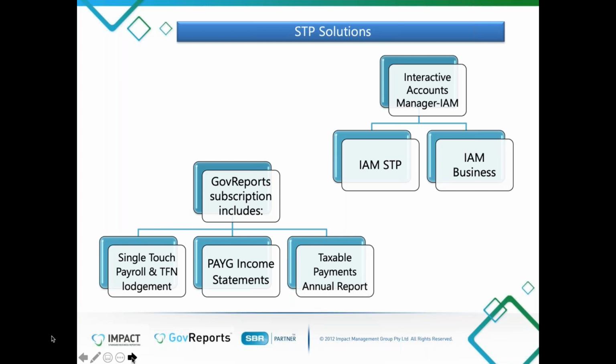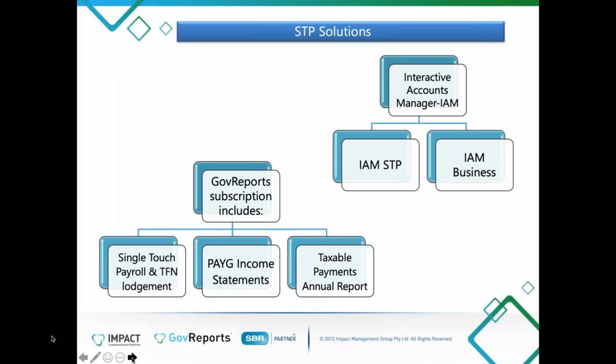Then we have the separate interactive account manager, called IAM, which I really like the name. There are two versions. One is just the STP reporting, very cost effective for clients, who can do their payroll if they don't have software, or if their software doesn't have payroll.